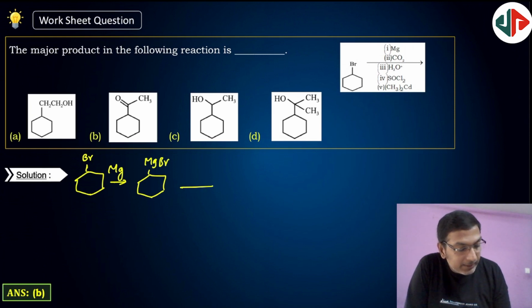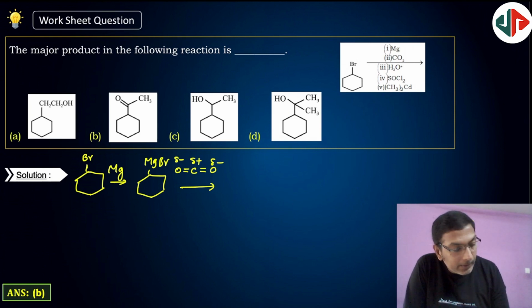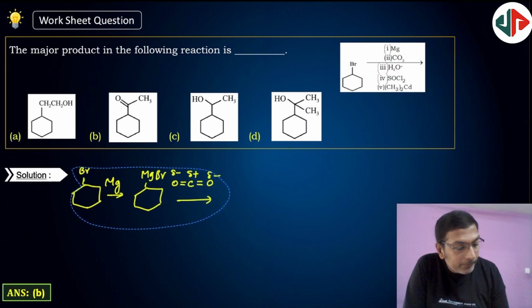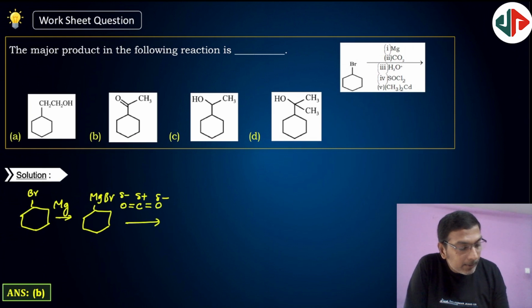After that CO2. This is delta minus and delta plus. In the Grignard's reagent, Mg becomes plus and the carbon becomes minus.